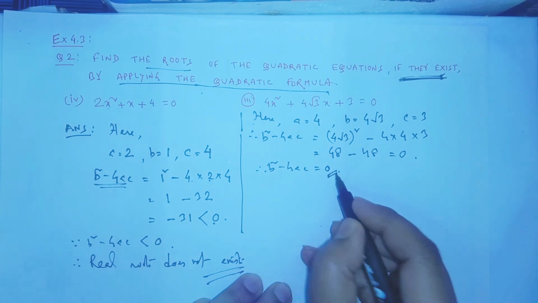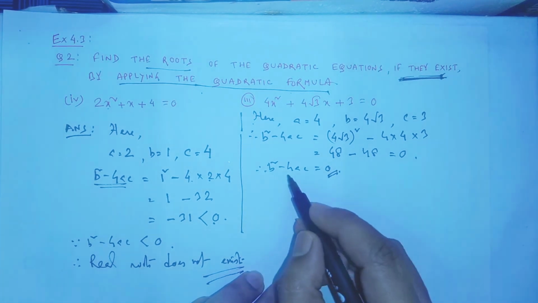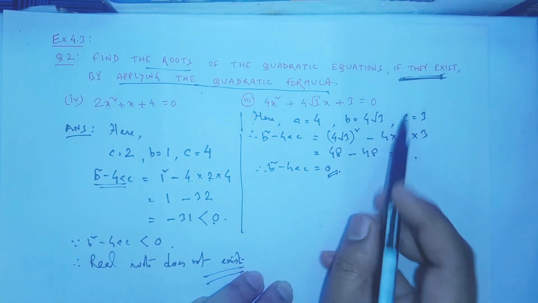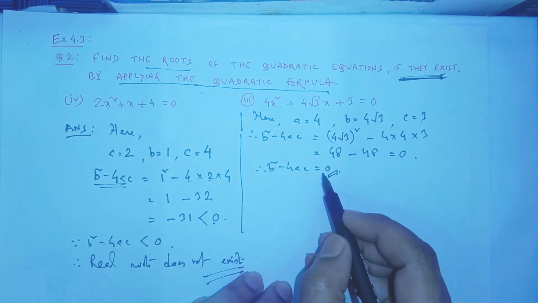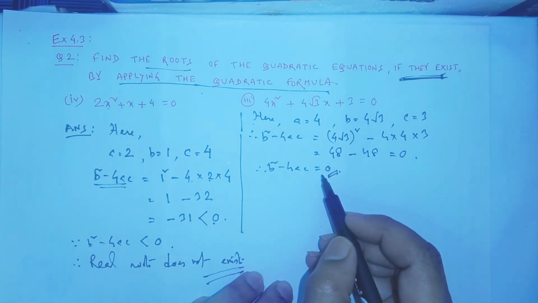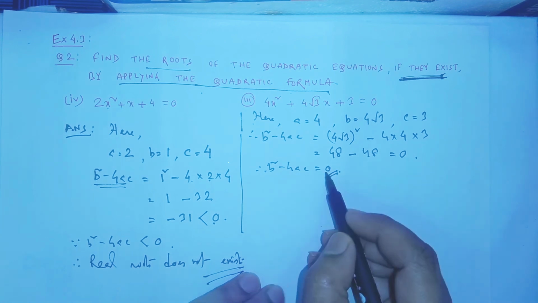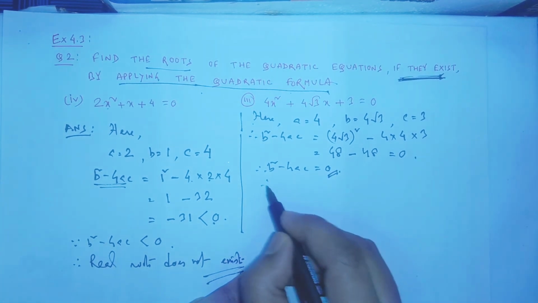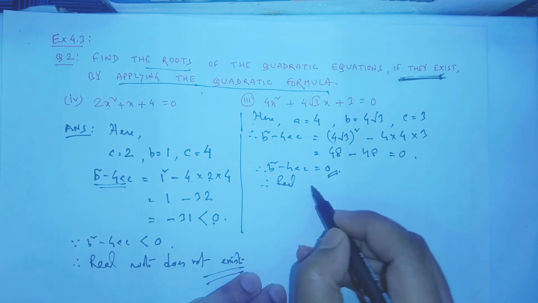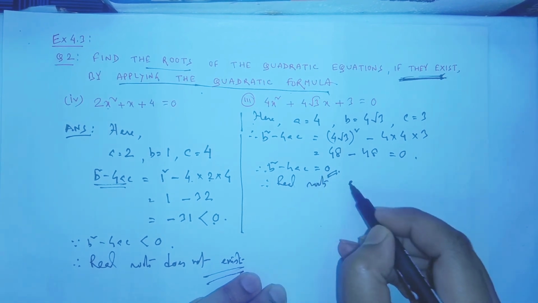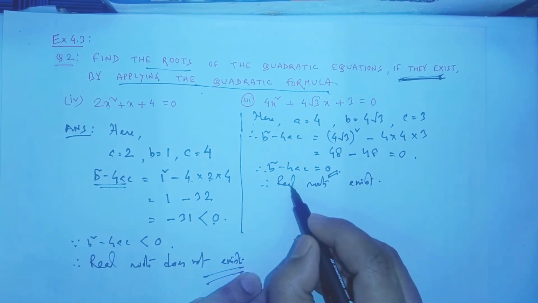Now since it is 0, as I said already, to get real roots, b square minus 4ac should be either 0 or greater than 0. Since b square minus 4ac is equal to 0, therefore real roots exist.